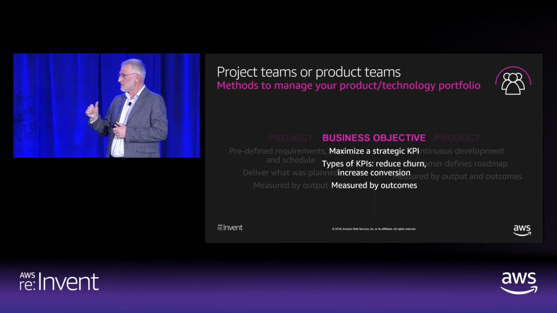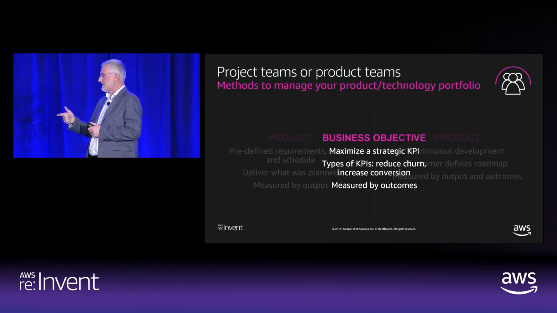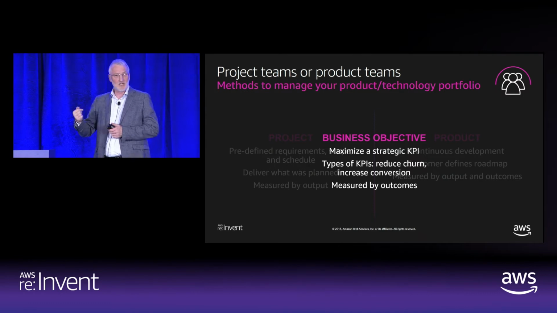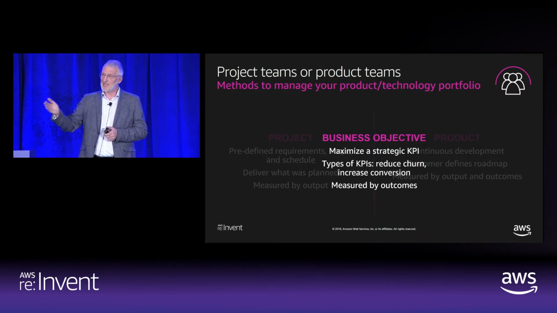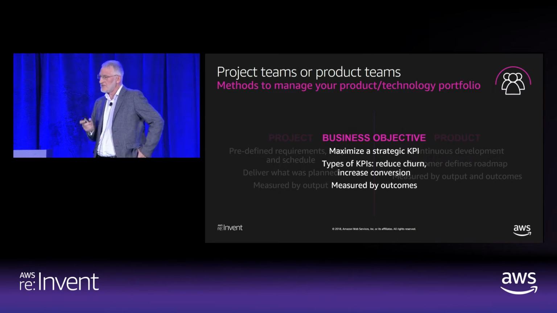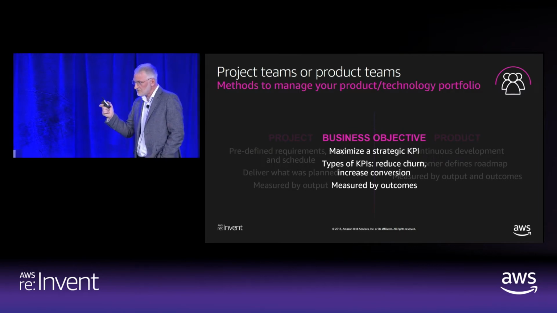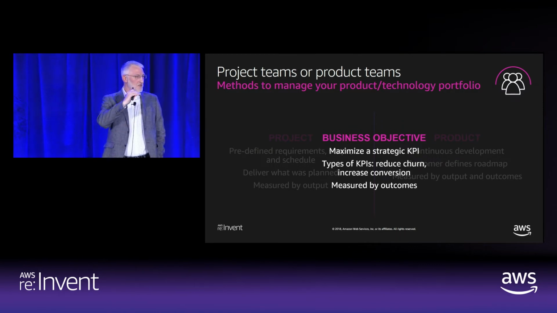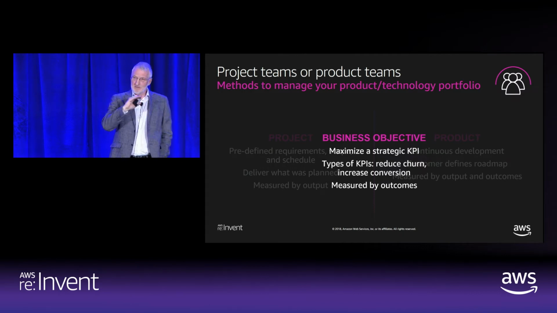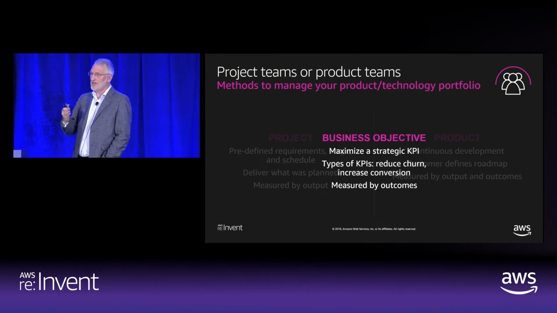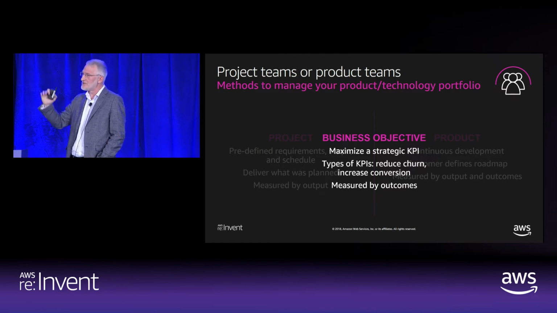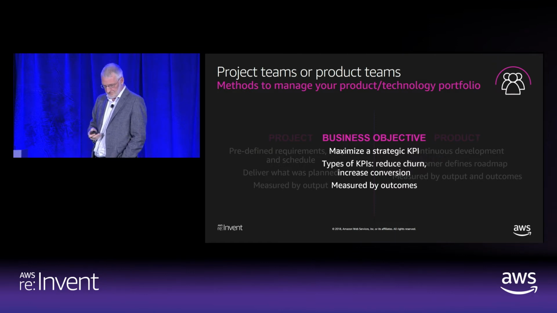And that team has both technical as well as business people in it. And optimizing could be software development, it could be process improvement, it could be anything that drives that KPI forward. But different from a product view, when you've reached a threshold or a goal of that KPI, you might determine that any further work towards that is actually not worth doing because you've already reached whatever that plateau is of that KPI.